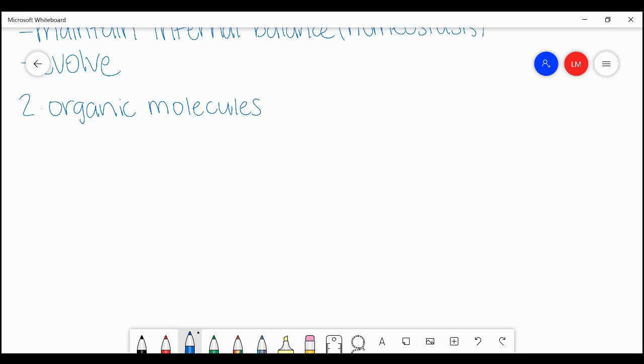First, we will start with an overview about what organic molecules are, and then we will look at these 4 organic molecules in detail. Here is our overview. There are 4 groups of organic molecules.